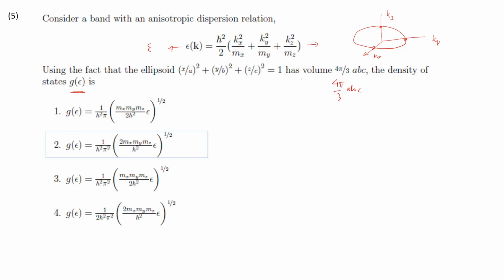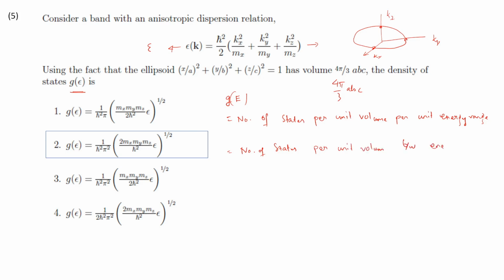So in that case, how did we used to find the density of states? Density of states G of E is the number of states per unit volume per unit energy range, or the number of states per unit volume between energies E and E plus dE.